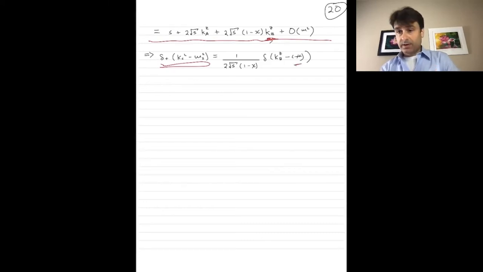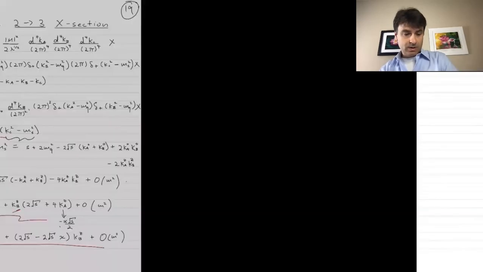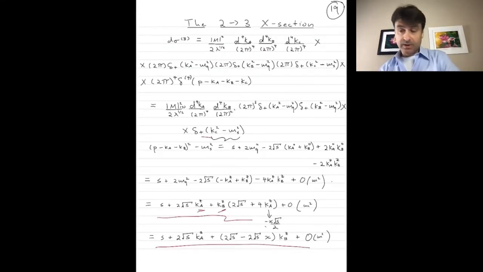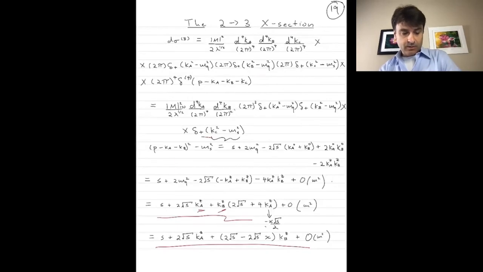So that means that when I integrate over Kbz here, I can evaluate this delta function, and I'm only left with this phase space factor here. Okay, so I can do a number of things. I can evaluate this delta function using the Ka integration.